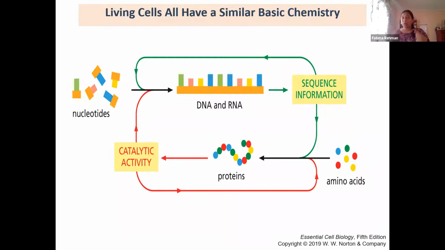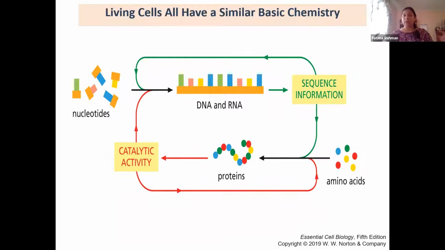And we find that they're all going to be organic molecules, which is what we're going to focus on in chapter 2, but also that they all basically have the same chemistry. So they all have an instruction code inside them, either in the form of DNA or RNA, that's made up of nucleotides.